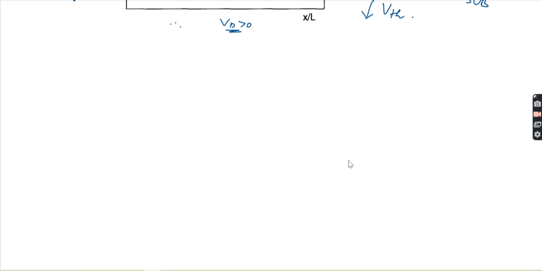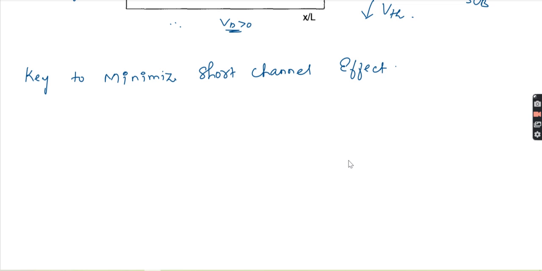Next is the key to minimize short channel effect. How can we minimize the short channel effect?